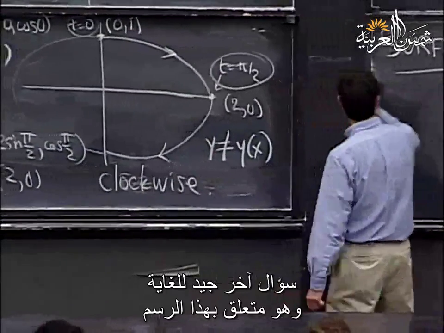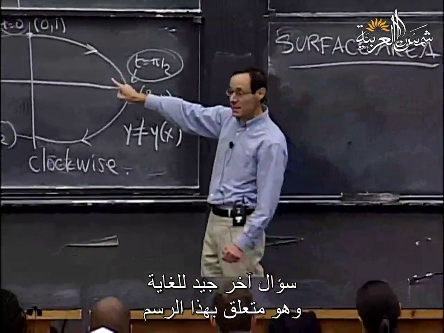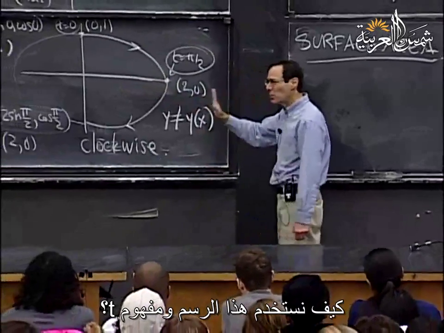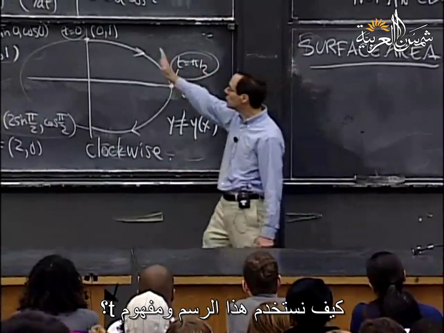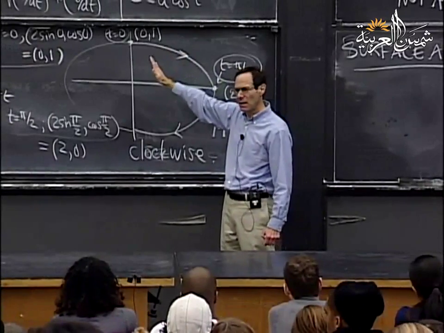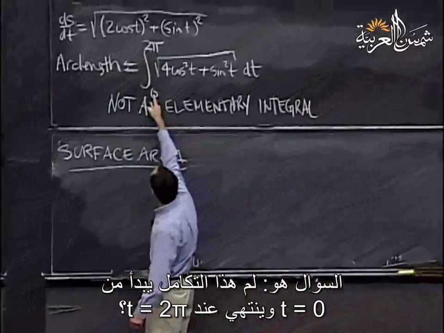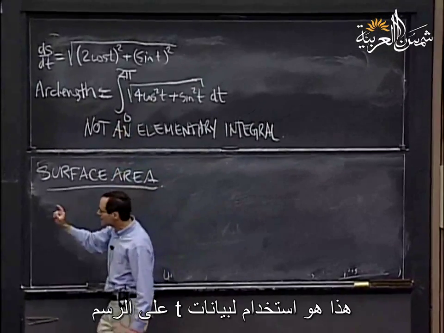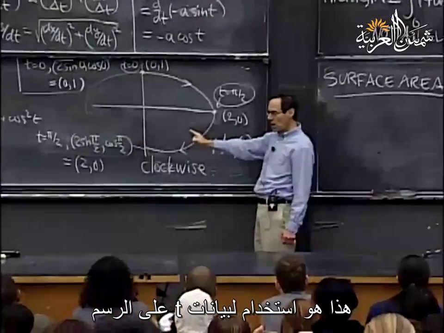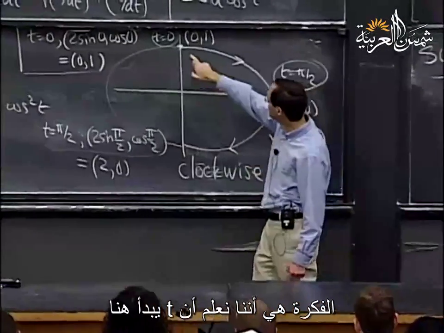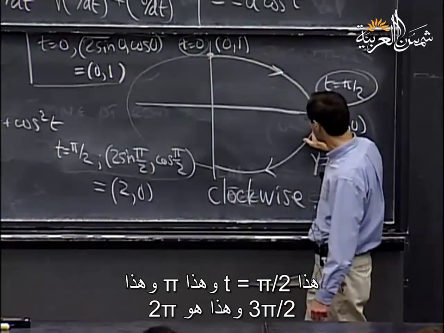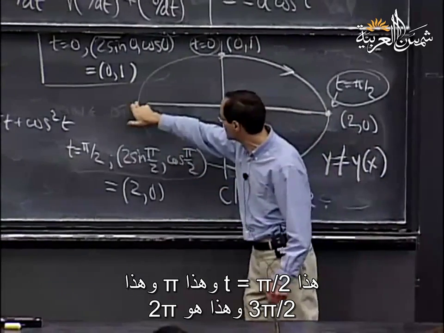Another very good question, which is exactly connected to this picture. How are we going to use the picture, and the notion of t? The question was, why is this from t equals 0 to t equals 2 pi? That does use the t information on this diagram. We know that t starts here. This is pi over 2. This is pi. This is 3 pi over 2.